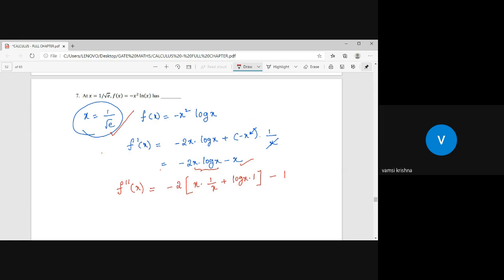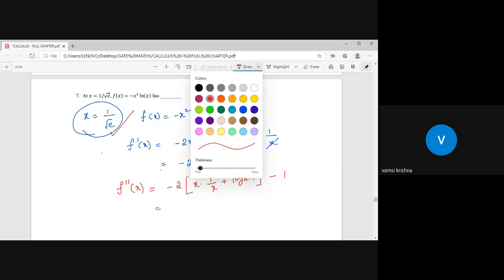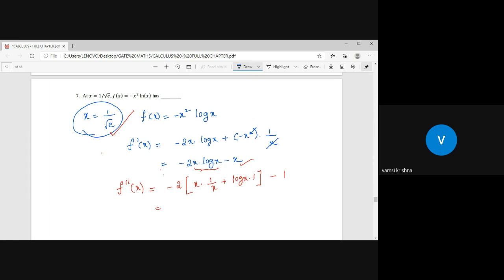So I got something here. This 1 by x into x is going to be cancelled, minus 2, again minus 2 log x, and one more minus 1 here.